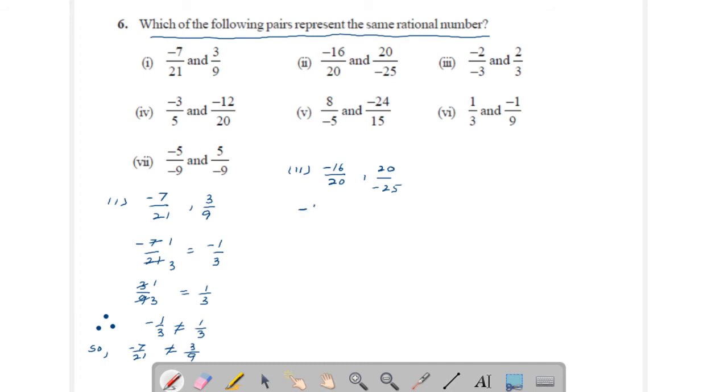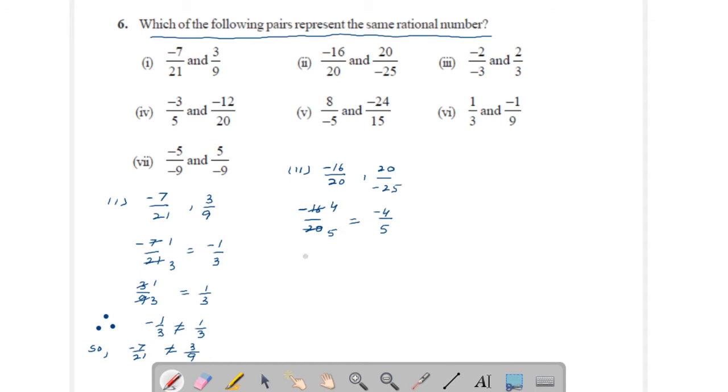Minus 16 upon 20. Here cancel the terms by 4. 4 fours are 16, 4 fives are 20. You will get minus 4 upon 5.